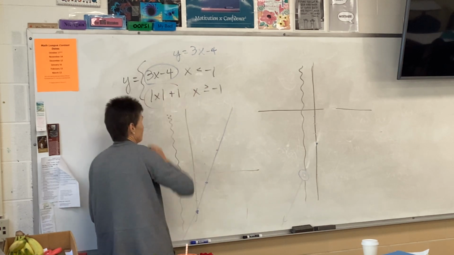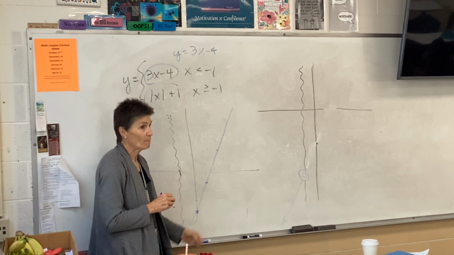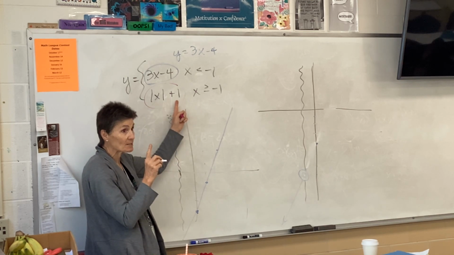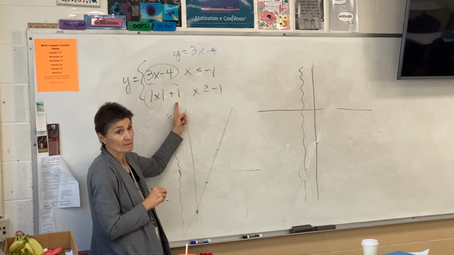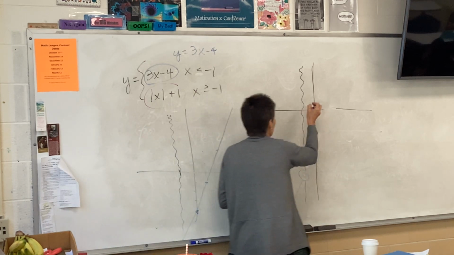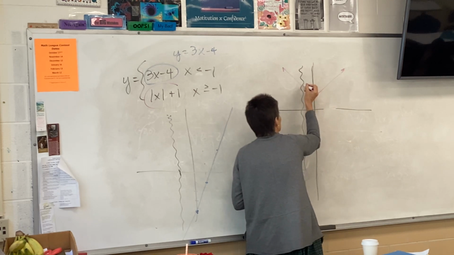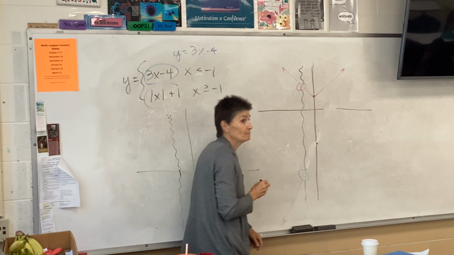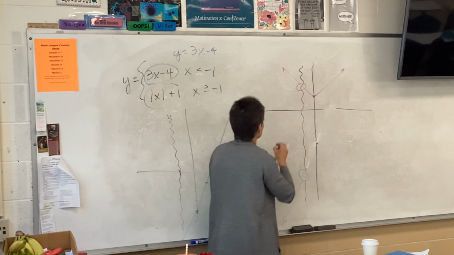What's this? That's a V, but what about that V? Pay attention, that V has been moved up 1. So now it's right here. Like that. Open or closed dot.